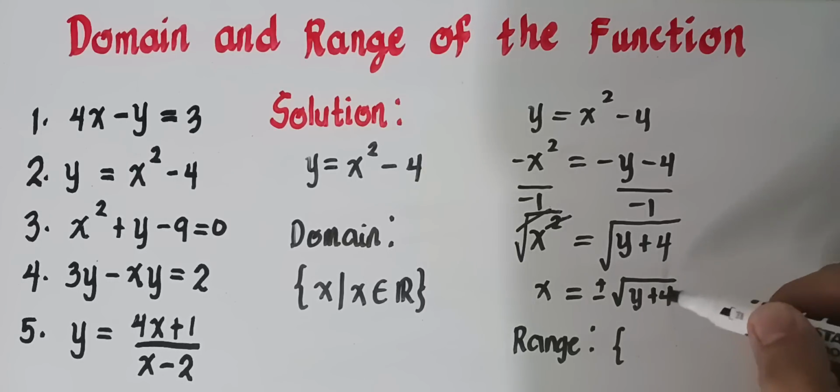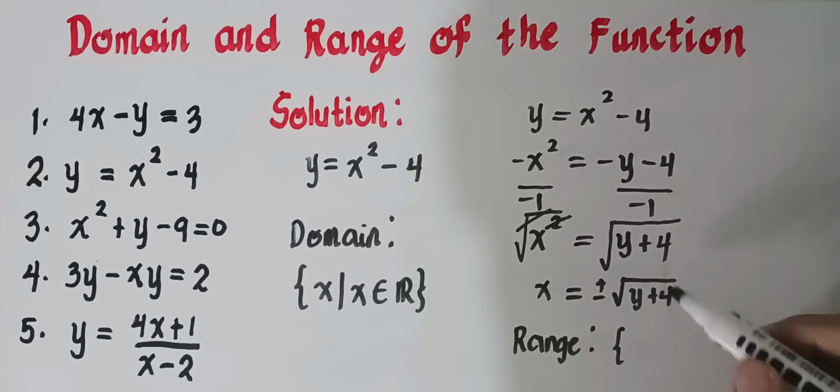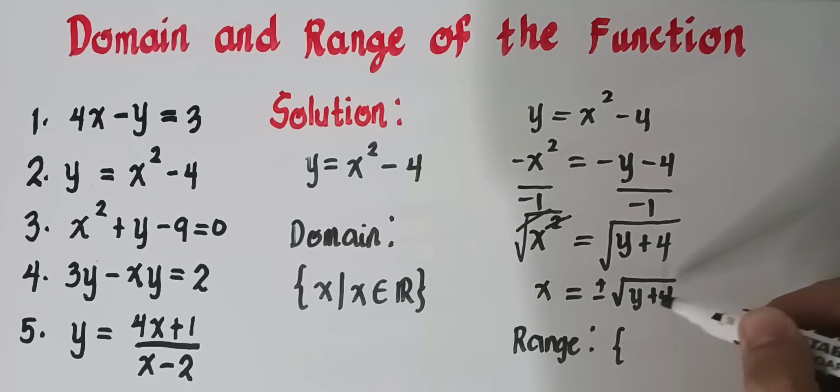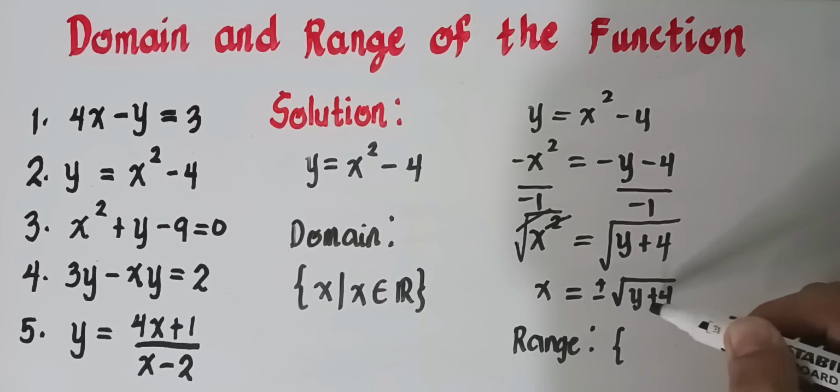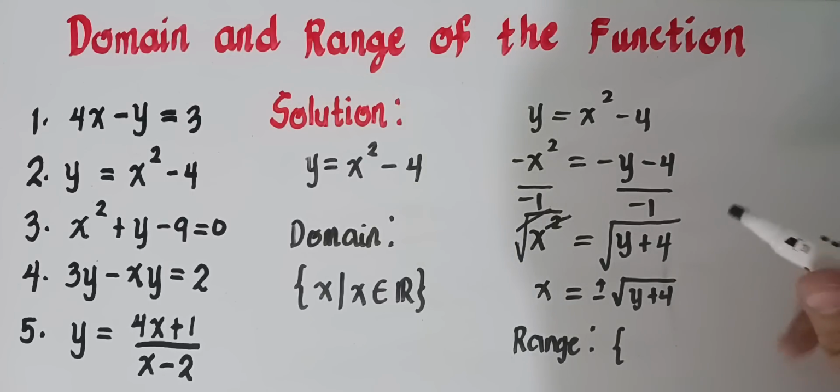Very good. Okay. So, tignan natin dito, guys, yung sa inside the radical natin, sa radical sign. Ang tawag yan ay radicand. So, dapat ito ay equate natin by 0. So, y plus 4, okay, is greater than or equal to 0. Sir, paano tayo nag-come up sa greater than or equal to 0?